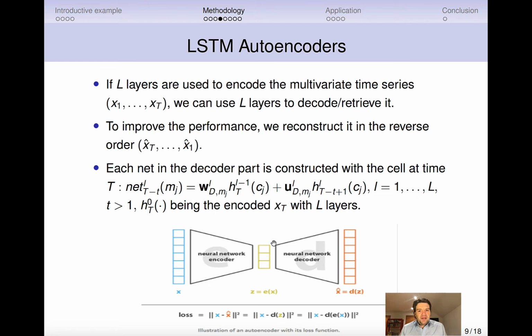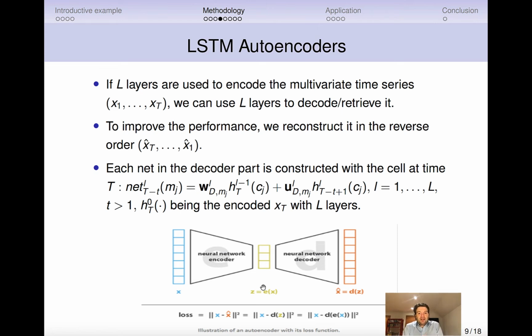How do we construct that? We divide the problem into two LSTM problems. The first one is the encoder, and the second one is the decoder. That means that we are going to take the multivariate time series and encode them in a specific space, the space of encoded data, the latent space, we name it, of smaller dimension.